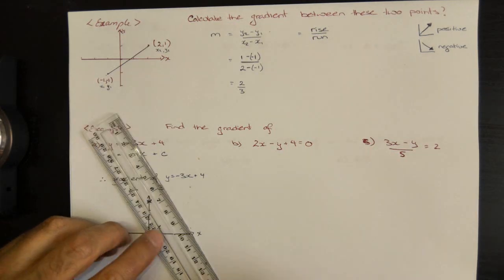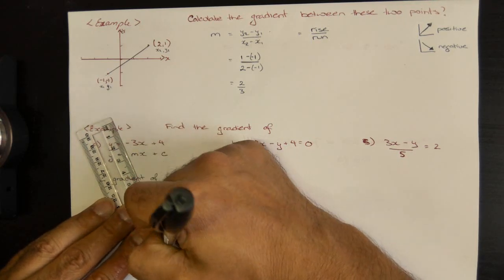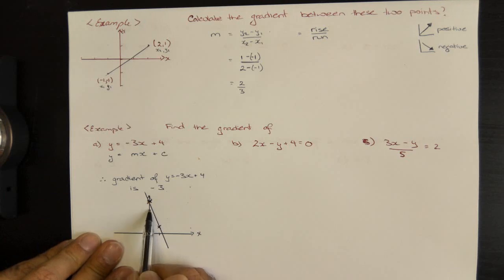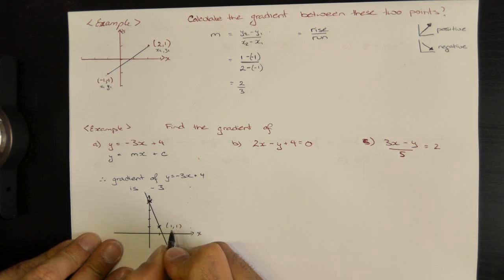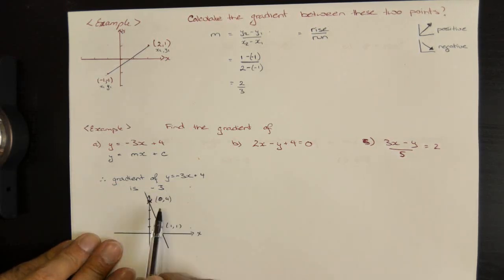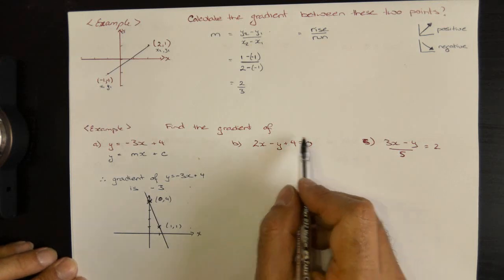Starting at my y-intercept, I go down 1, 2, 3 over a run of 1. So this point would be 1, 1, and this point is 0, 4. And that is my line.